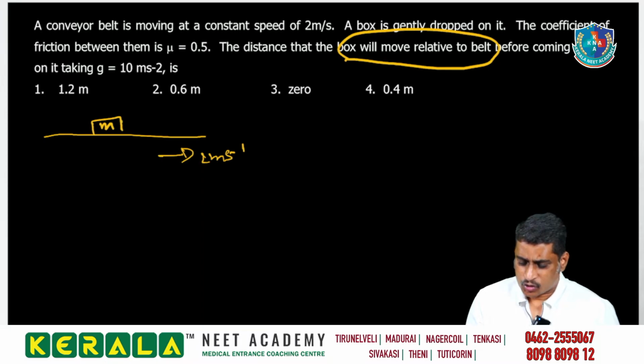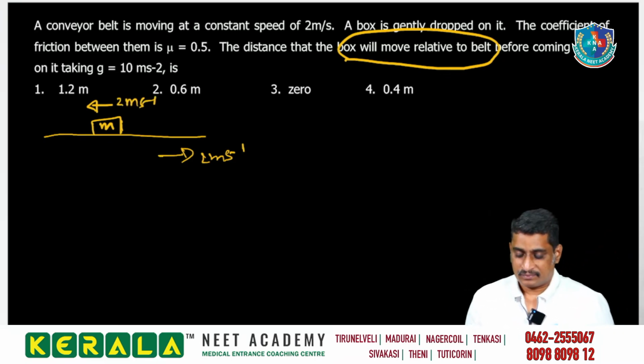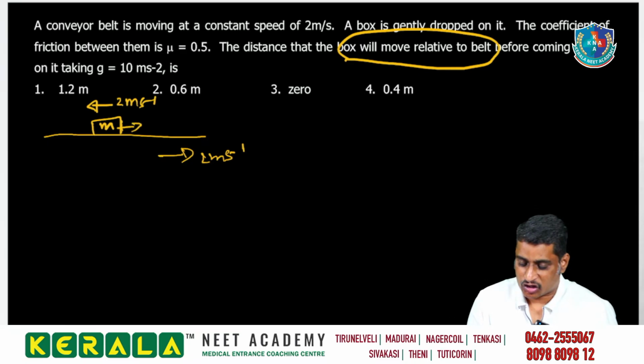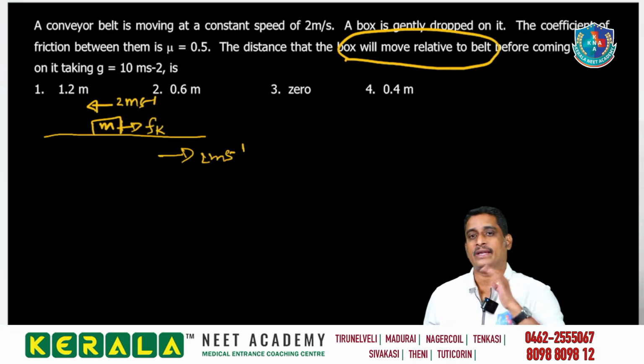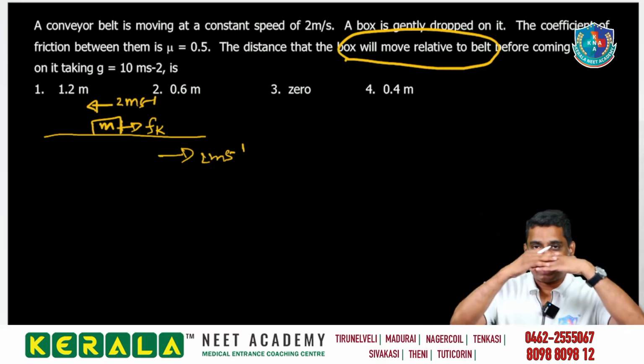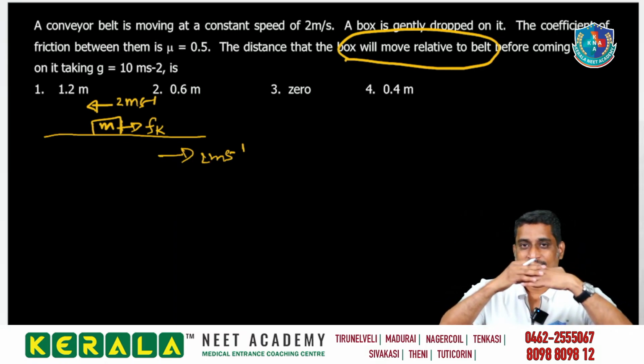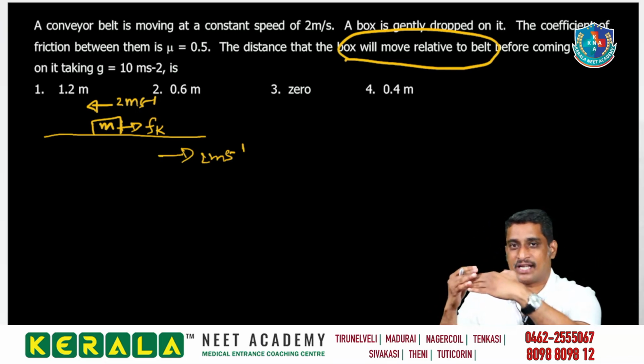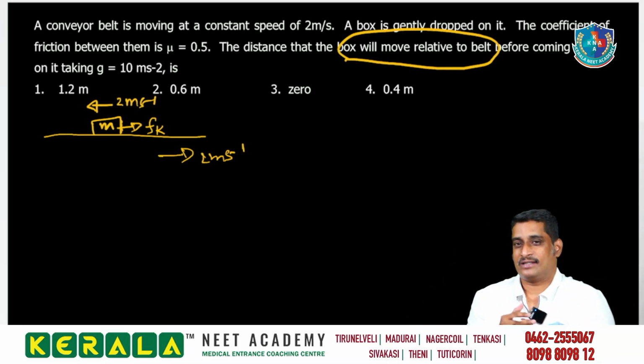So as soon as the box is kept over the belt, with respect to the belt, the box will have velocity in the opposite direction, 2 meters per second. And it will experience friction along positive x-axis, more specifically kinetic friction.